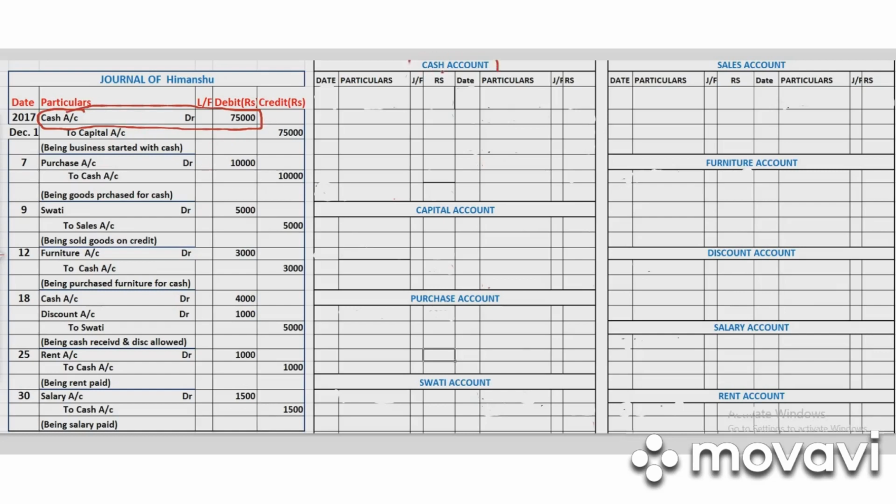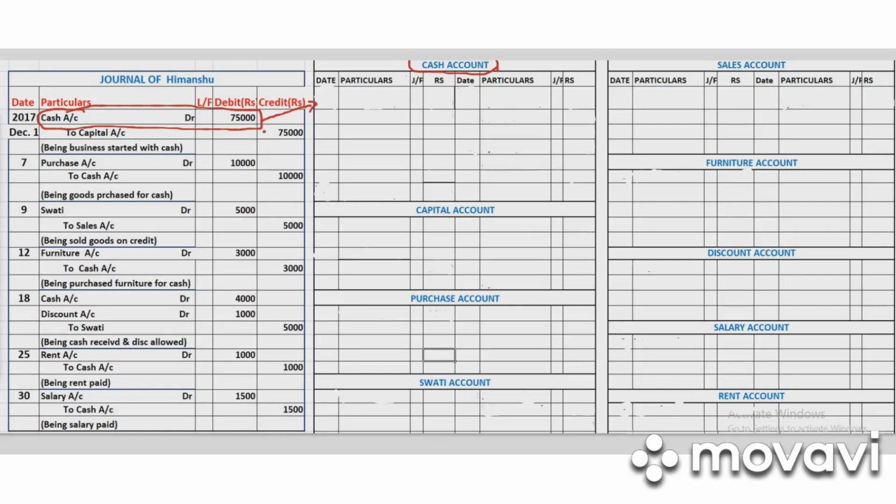You can see it here. Now in the first entry cash account is debited. So you have to simply put this in the debit side. You just find the debit side. This is the debit side, left hand side. So this entry will go to the debit side. You simply put it in the debit side.